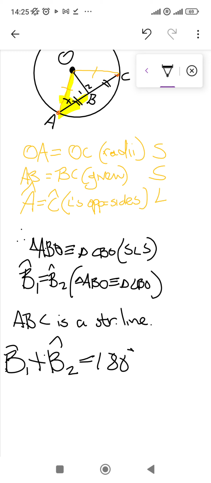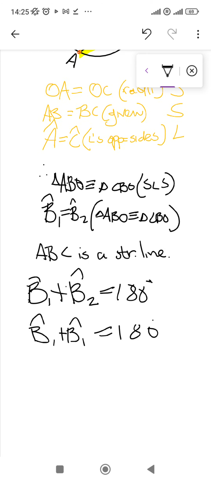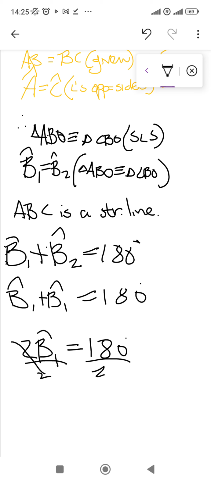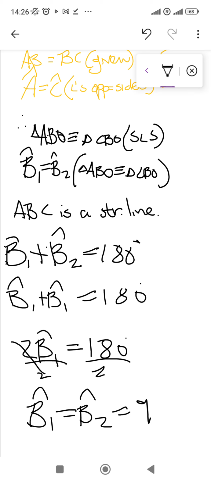Because they are both the same, we could say that it is B1 plus B1, which equals 180 degrees. That's like terms, so we can say 2B1 is equal to 180 degrees. Divide both sides by 2. So B1, which is also equal to B2, is both 90 degrees.